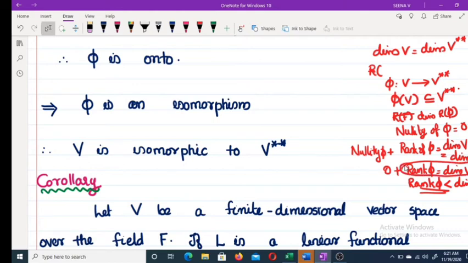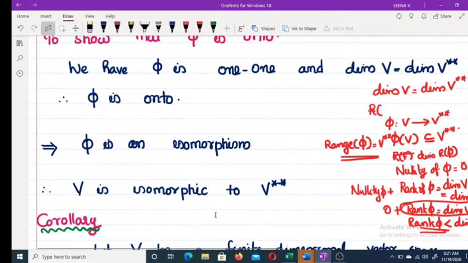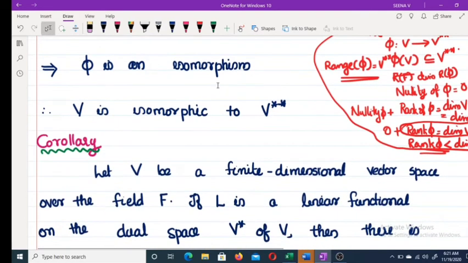That implies range of phi is equal to V double star. That implies phi is onto. This is enough actually. There is no need to write all these things. We have phi is 1 to 1 and dimension of V equal to dimension of V double star. Therefore, phi is onto. This implies phi is an isomorphism. Therefore, V is isomorphic to V double star.